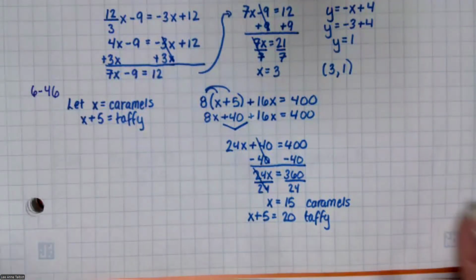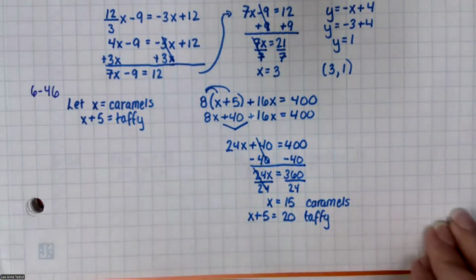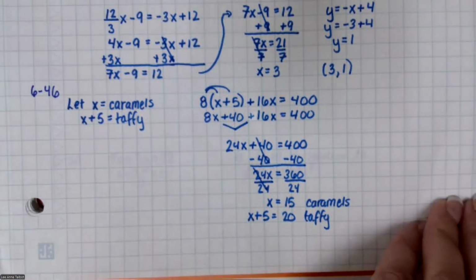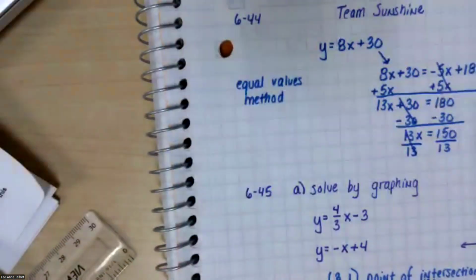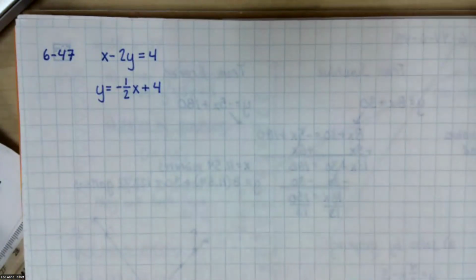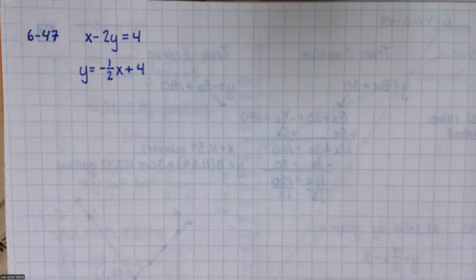Okay, alrighty. I'm going to flip my page over. So again, that will not be on your quiz. Do not worry, we're still working on the word problem thing. This will also not be on your quiz.